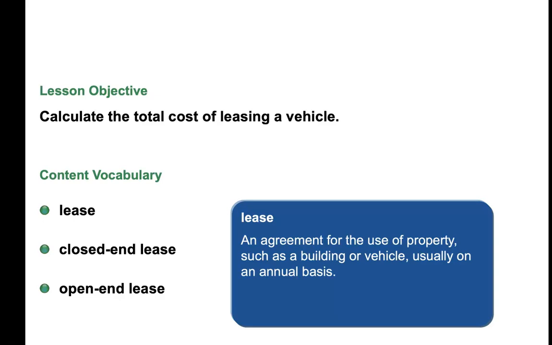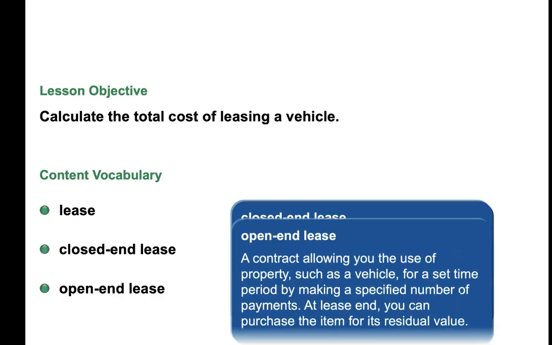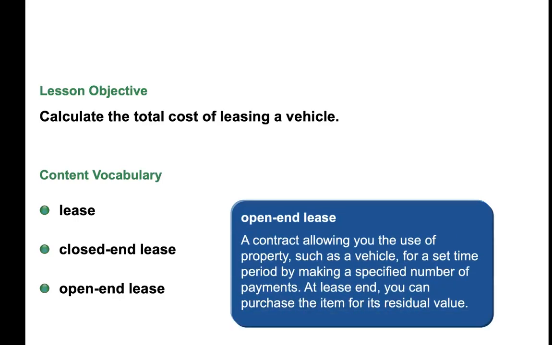There is a close-end lease and an open-end lease, and just to get you familiar with those, a close-end lease is a contract that allows you to use the property, such as the vehicle, for a set period of time, making a set amount of payments, and when you're done, you're done. But an open-end lease is a contract allowing you to use the property, again, for a set amount of time and periods, but you can purchase the item for the value when the lease is done.